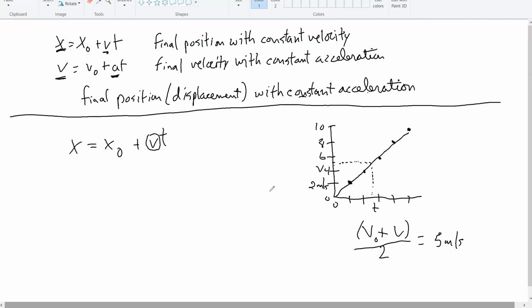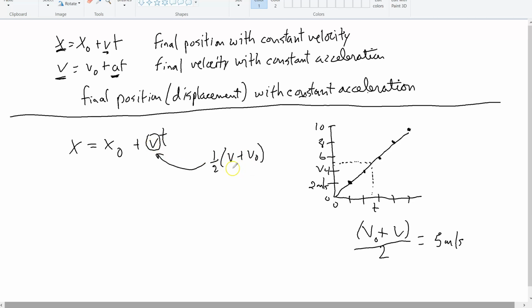So what we're going to do is substitute 1/2 (v plus v0) in for this velocity. Okay, because accelerating at a constant rate is just like going at an average velocity for the same amount of time.